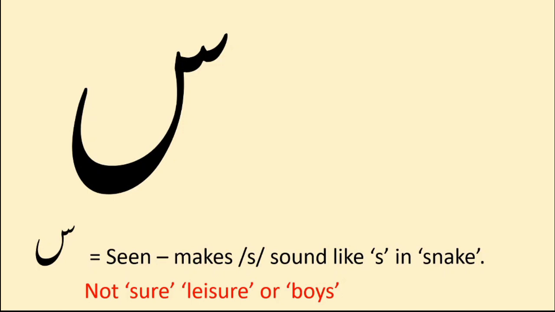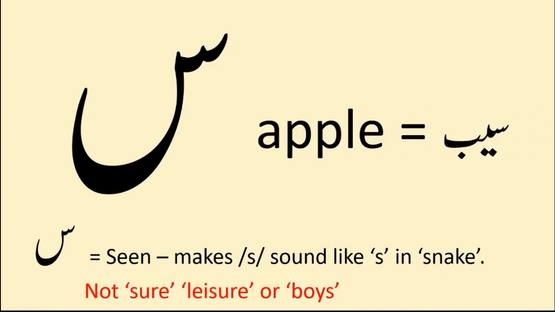So, it's not same as letter S. That's really important to remember because in Urdu, almost all the letters of the alphabet give just one sound. They don't give you more than one sound. Okay? Now, the English word apple is known as seb in Urdu. So, seb. Right? Let's move on.